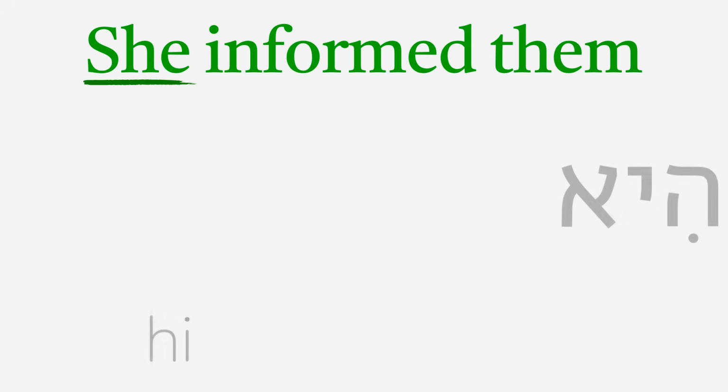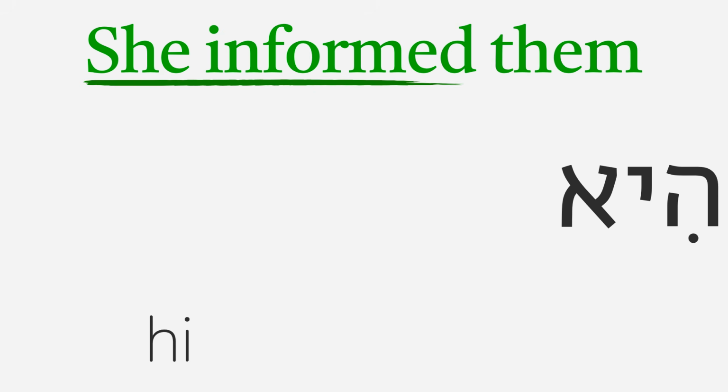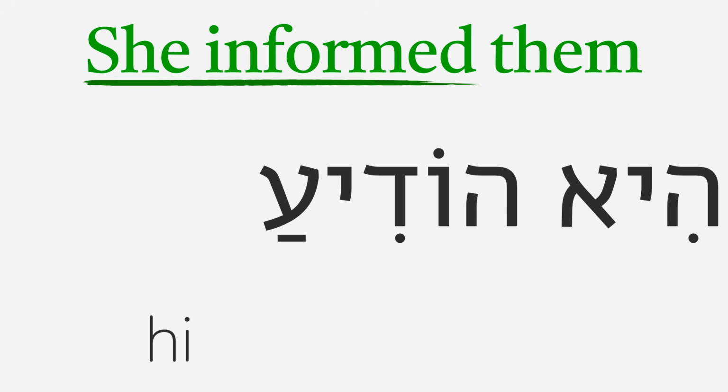Let's use this verb in the sentence. She informed them. She is he, and the verb she informed will be from the root yod dalet ein in the Hiphil binyan in the past tense with the subject she. The simplest form of the past tense is he informed, which is hodia. Again, with the yod changed to a vav with cholam. To make the he, she form of the past tense, we just add an a ending.